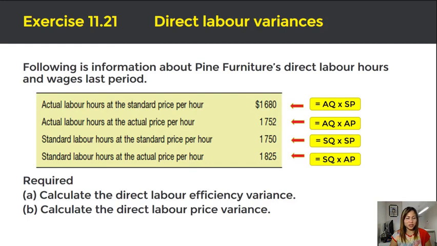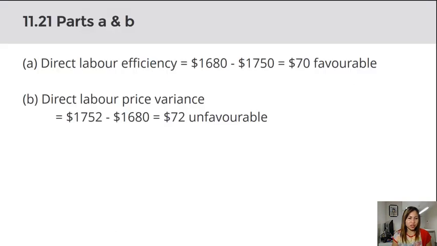So the difference should be multiplied with actual quantity. So we should be using the first one and the second one. So the answer to the question is direct labor efficiency variance 1,680 minus 1,750 equals $70 favorable. Direct labor price variance is 1,752 minus 1,680 equals $72 unfavorable.